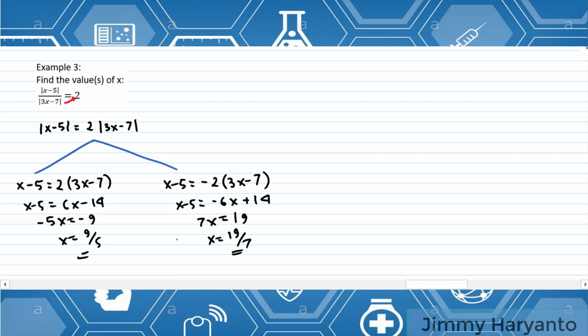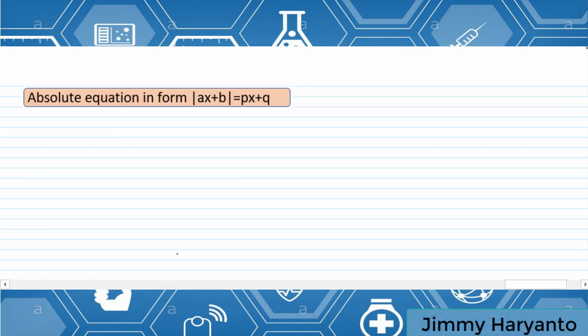Do you get it till example 3? This is the second form. We will go to the third form. Okay, this is the third form of absolute equation. At the left side, we have an absolute sign, but at the right side, we have another function that is not absolute. So how do we solve this?